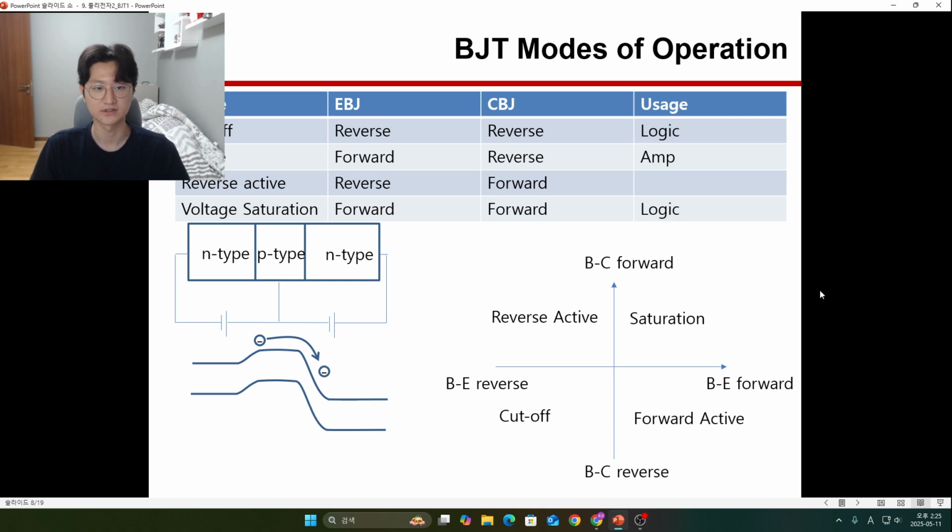Here we can see the BJT modes of operation.